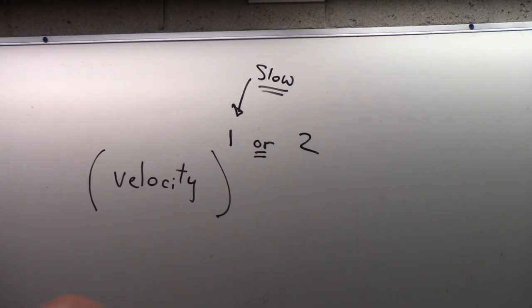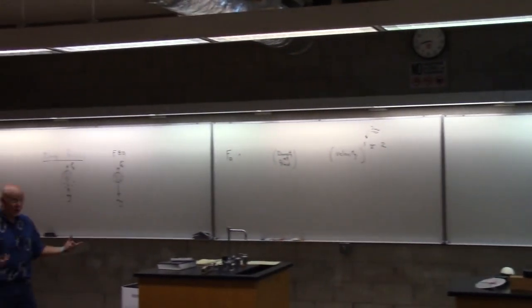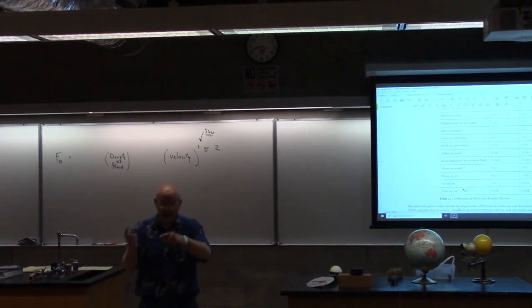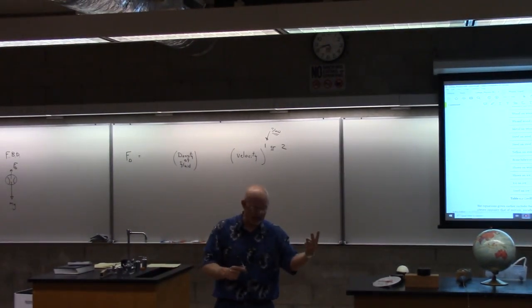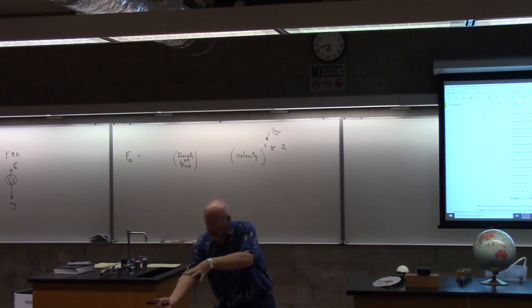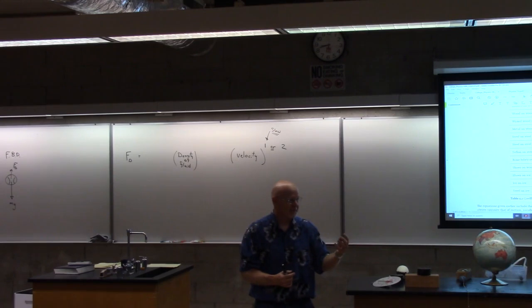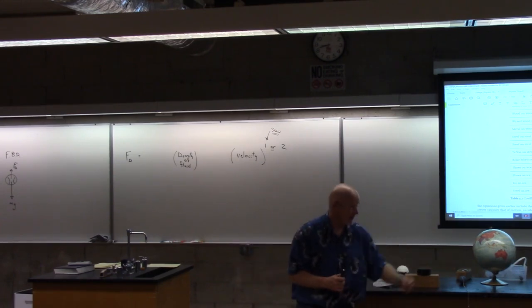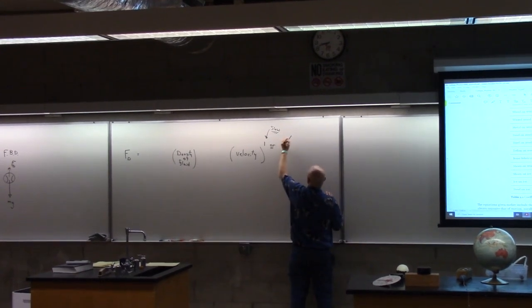But watch this. If you drag them with you, so you're going really fast, when you double your speed, not only do you hit 2 times more, you drag along 2 times more. And so you have to have velocity times velocity. And so this is going to be velocity squared.